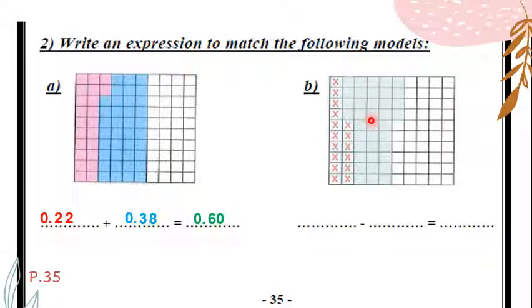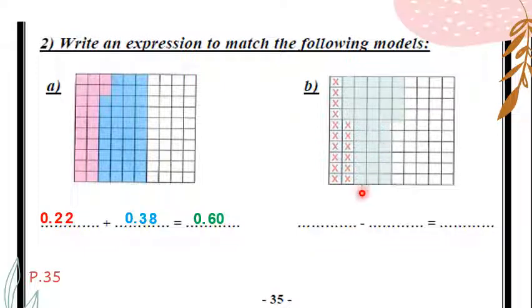In example B, we have colors in the modeling, and we see a cross. Cross here means he wants me to make a subtraction. So first of all, I'm going to count the coloring first. 10, 20, 30, 40, 50, 51, 52, 53, 54.